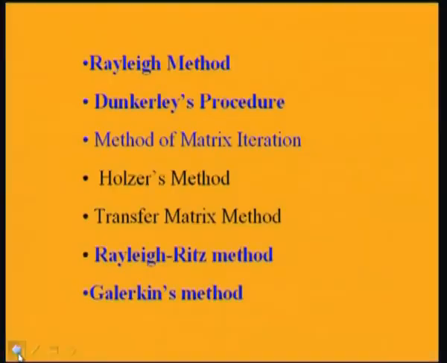We will use different methods, including the Rayleigh method, Dunkerley procedure, method of matrix iteration, Holzer method, transfer matrix method, Rayleigh-Ritz method, and Galerkin method. These methods can be applied to both continuous and discrete systems.